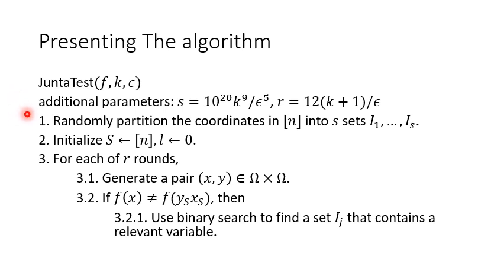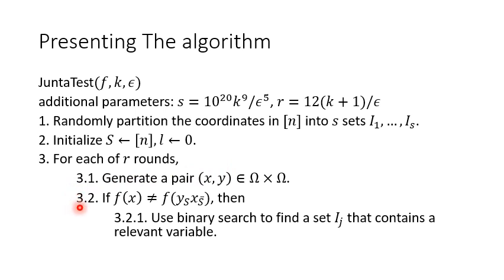In step 1, we will randomly partition all the function's coordinates, we have n variables, into s sets. The random partition will be done uniformly and independently for each coordinate. In step 2, we have initializations. In step 3, we will run for r rounds, and in each round, we will first sample a pair from the random distribution.